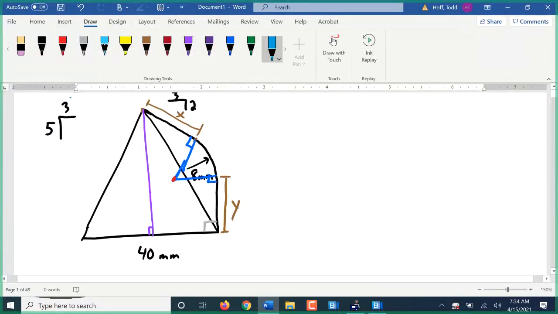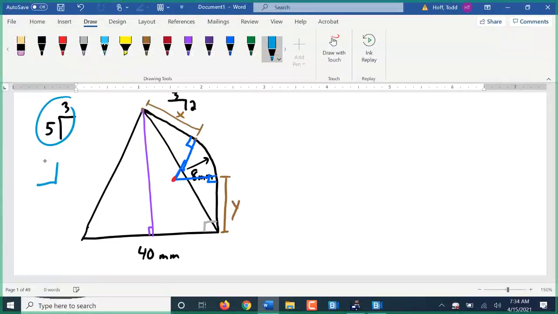Our aspect ratio is 5 to 3, which means I can draw a triangle that would look something like this, where this edge is 5 and this edge is 3. And I know that this portion, this right triangle, has to be similar to that. So I need to find one of the dimensions, and I can find the bottom dimension here, assuming this wedge is symmetrical, with 5 to 3 slope on both sides.